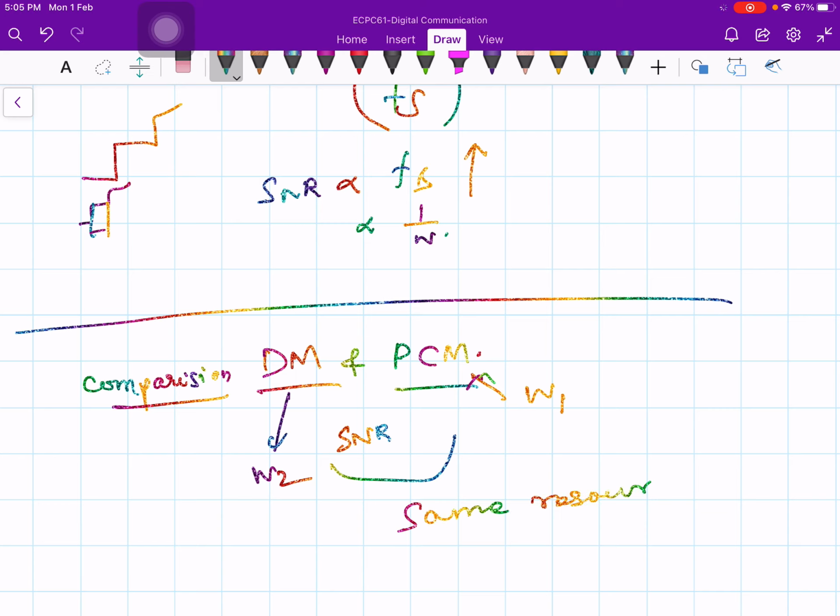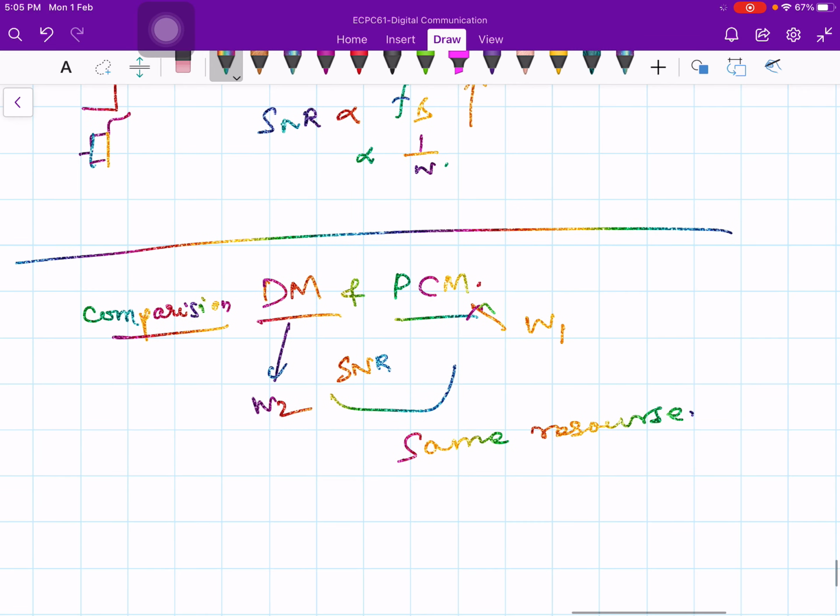Same amount of resource. In this case, the communication resource is bandwidth. So the two will become comparable if we make sure that the bandwidth used is identical. Only then is it meaningful to talk about their performance comparison.